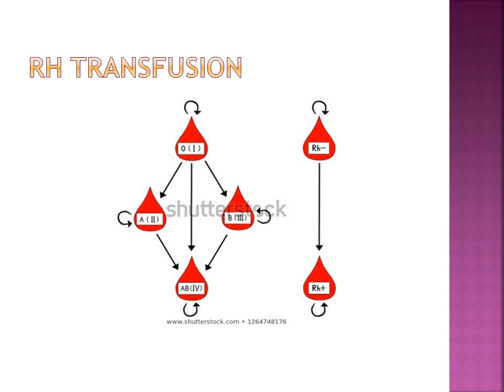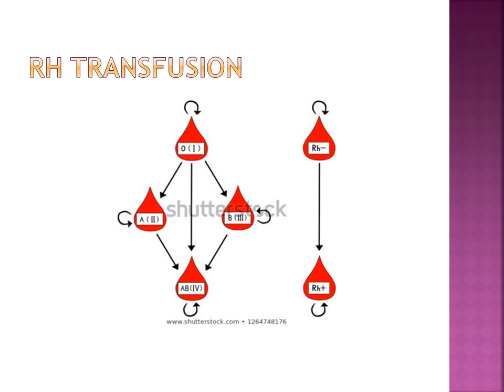During Rh transfusion, if the person is Rh positive, that is, he has antigen Rh, and gives to a recipient who is Rh positive, the recipient doesn't have anti-Rh, so the transfusion is accepted. From an Rh positive person, who has antigen Rh, to an Rh negative person with anti-Rh, the transfusion is rejected, since antigen Rh will bind with anti-Rh and cause agglutination.